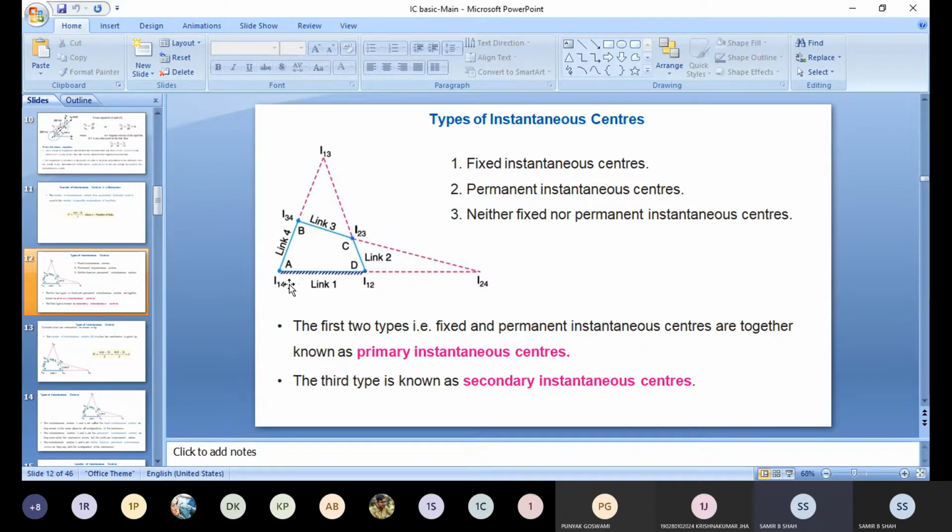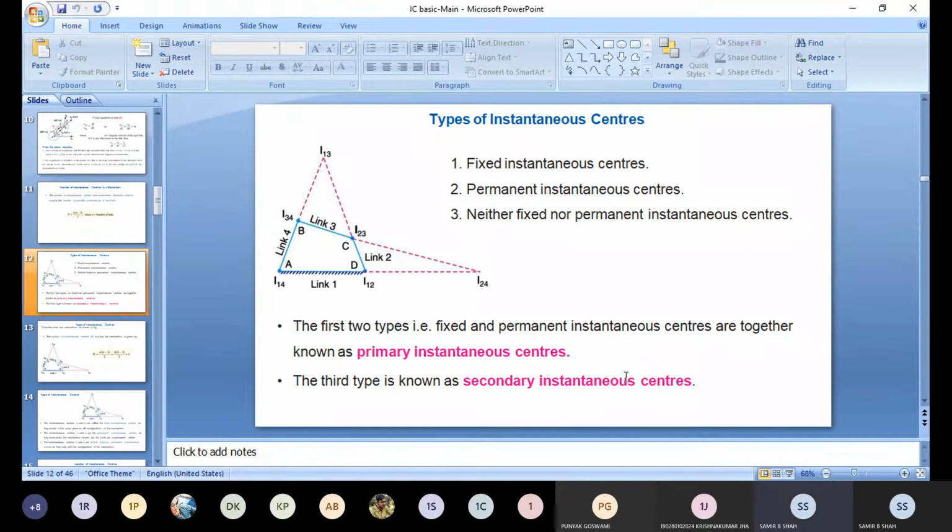It is the center of link 1 and link 4. In the same way, this is link 1 and this is link 2, so the instant center coinciding with these 2 points is called I12. So you understand how we get I12 and I14.